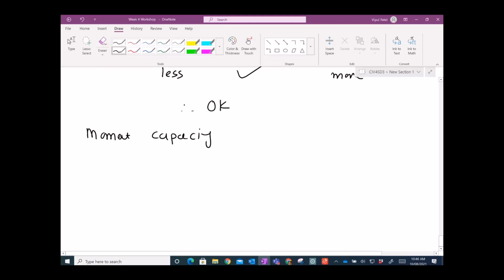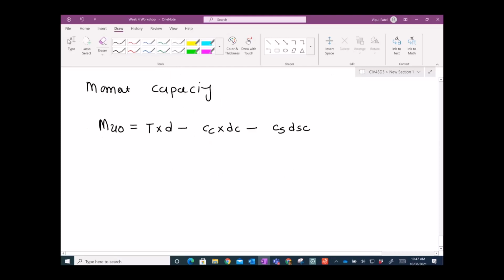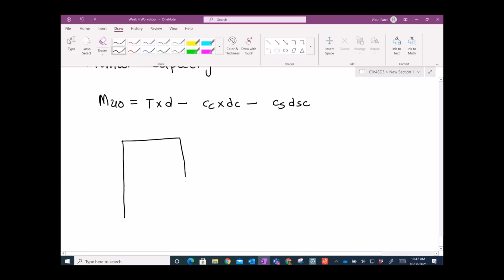So the moment capacity would be, let's say, Muo equal to the tension force times d, take away the concrete force times dsc, take away this force times dsc. So where is it coming from? If you remember this diagram, you have this top Rho, you have this bottom Rho. I'm just putting in the numbers, okay? Don't judge me on that one. So Cs, Cc, and T.